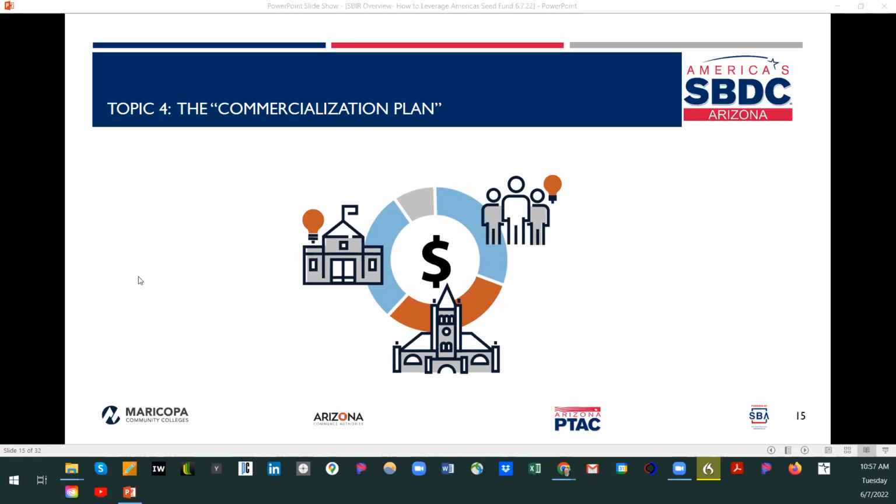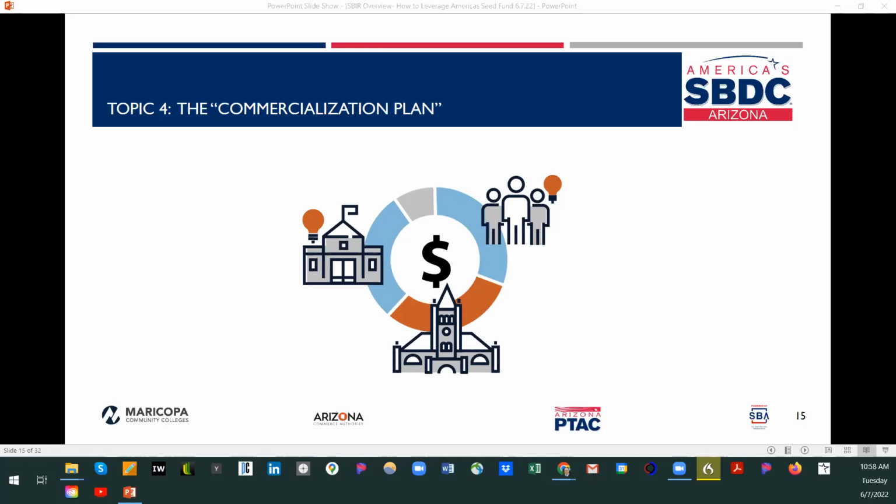So, we talked a lot about SBIRs, and I think Bob mentioned most SBIR proposal writers are really good on their technology side, because a lot of them come out of a technology area or a research area. But these grants are different than basic research grants. They are commercialization grants.